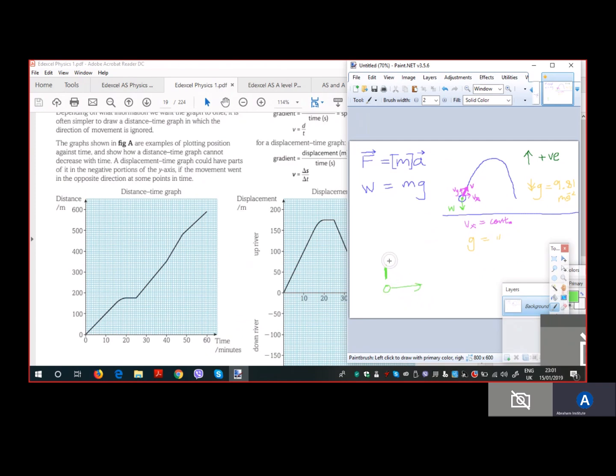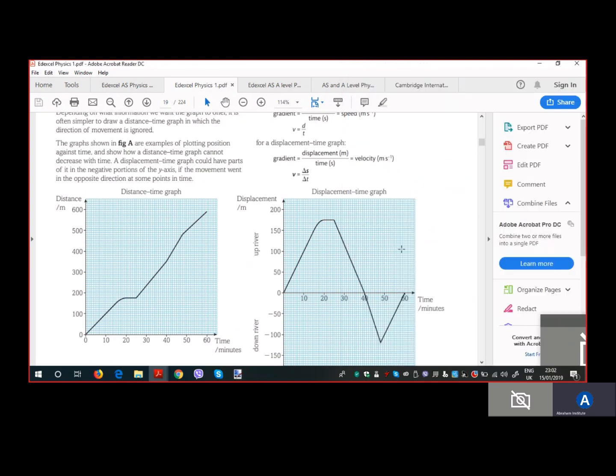If you take this side as positive, the displacement that way is positive. Then it goes somewhere and comes back, and now it goes this way. If it goes this way from this level, then the displacement is negative. Do you understand that?